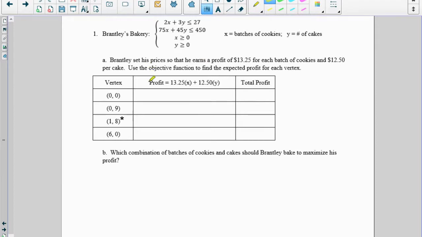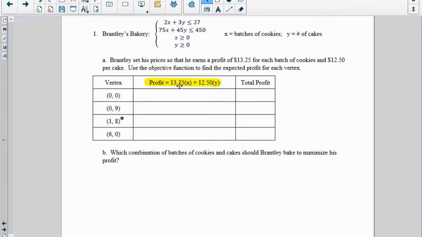So this right here in the middle of our table is the equation that helps us maximize the profit for Brantley's Bakery. Okay, that is our objective function. It helps us reach our objective, which is like a goal. The goal being to make the most money, to have the biggest profit. So for each batch of cookies, he makes $13.25.